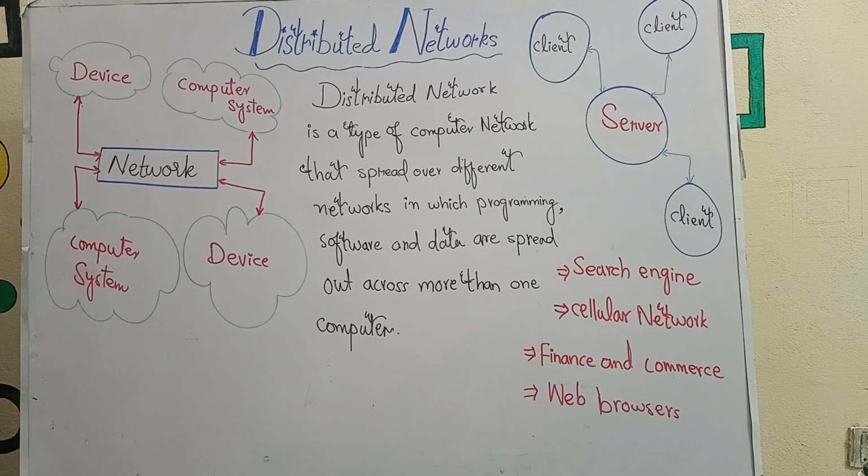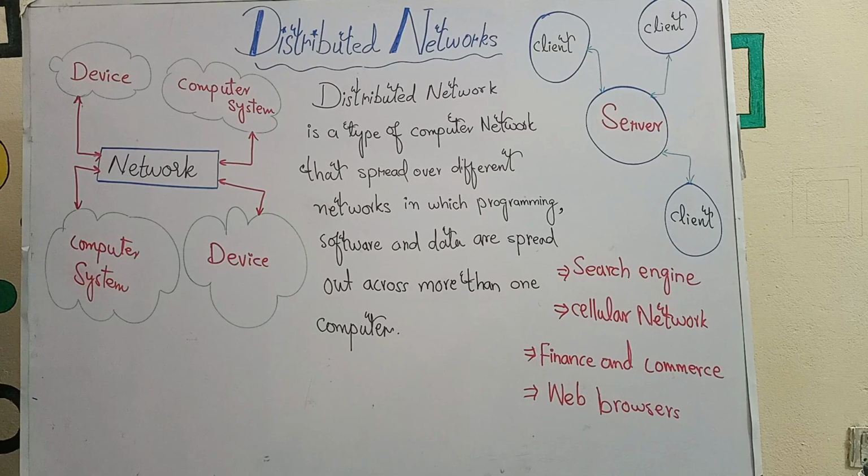There are maybe thousands or millions of users accessing the same information. So it doesn't depend upon a single computer system or device, but a lot of computer systems or devices are interconnected and make a network.